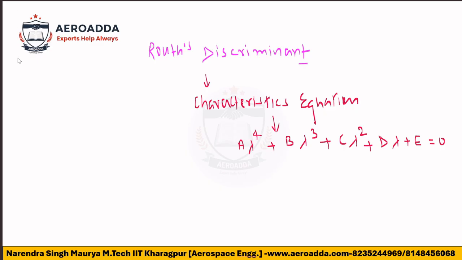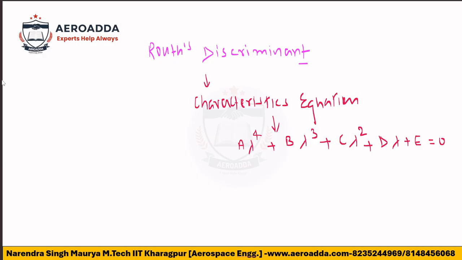This is the characteristic equation for the longitudinal dynamic stability. Obviously, the power 4 is given. If you find the roots, you get 4. Those will be considered as the eigenvalues, the solution of the characteristic equation.